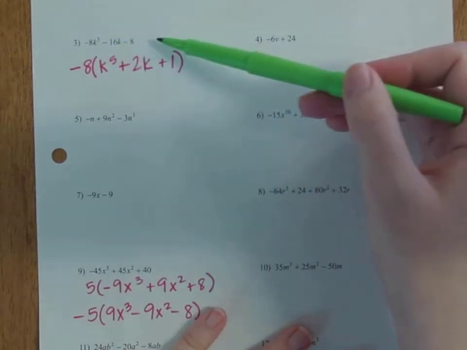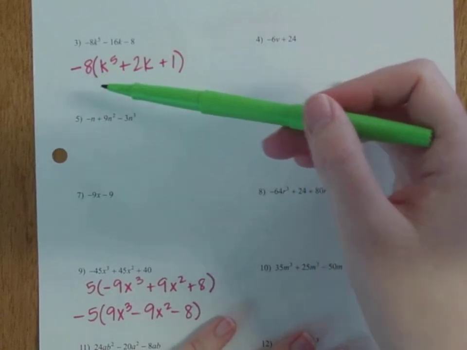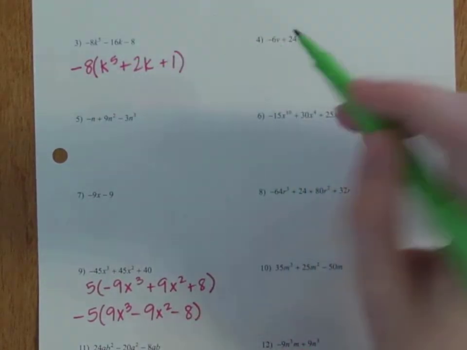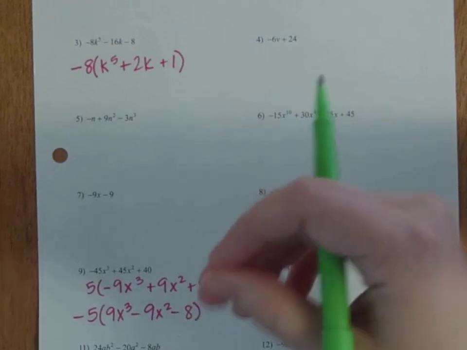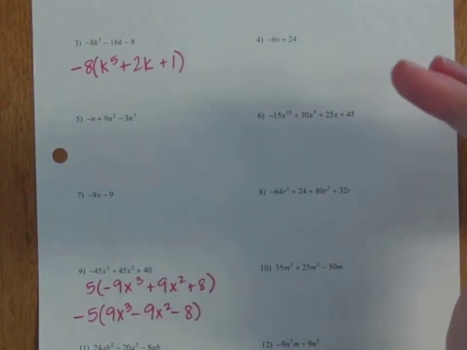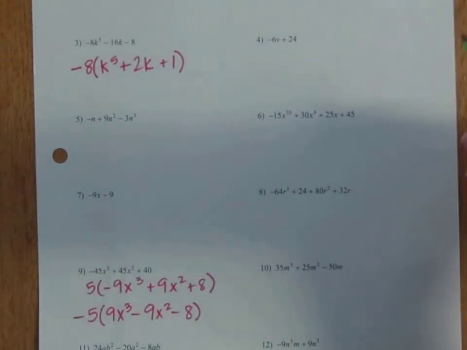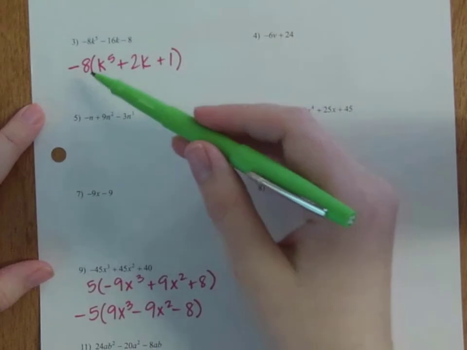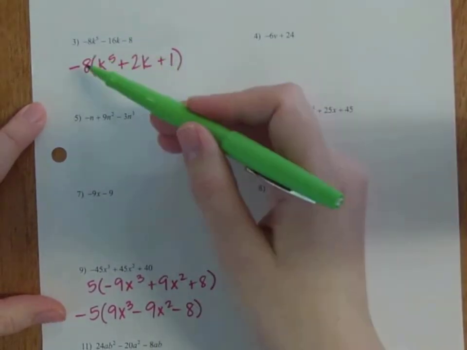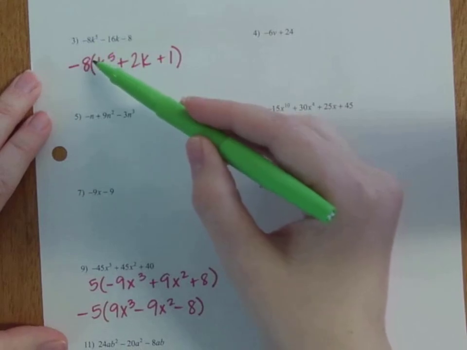But because all of these are negative, I would prefer you factor out a negative 8. Now, when we start tomorrow, it will start to make sense when you need to factor out a negative. And when we do trinomials, you won't have an option. It'll be very obvious whether you have to factor out a positive 8 or a negative 8. But for today's purpose, I would prefer you factor out a negative if the leading coefficient is negative.